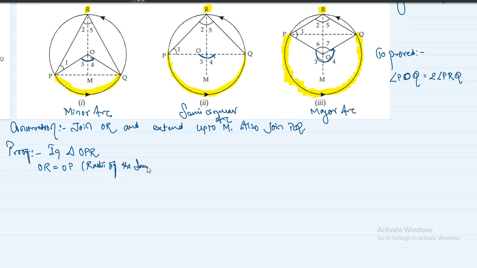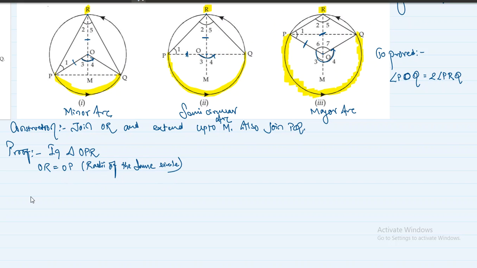All radii of the same circle are equal. So OR is equal to OP. You can look here also, OR is equal to OP, here also OR is equal to OP. You see that? It is applicable in any of the three diagrams. You don't have to write three proofs. OR is equal to OP.